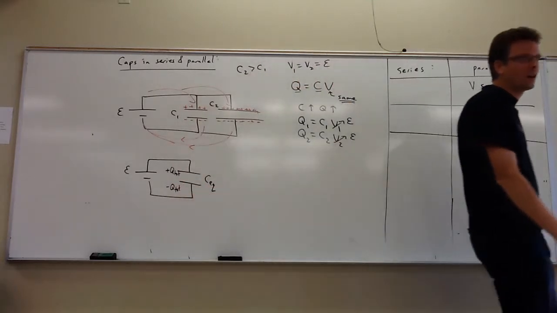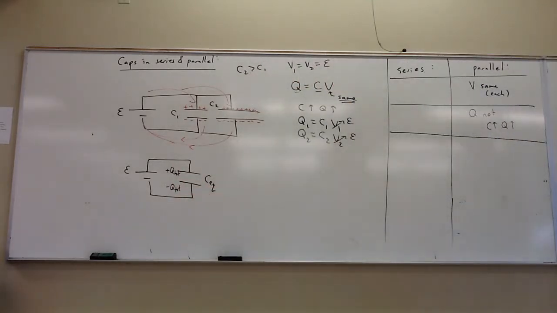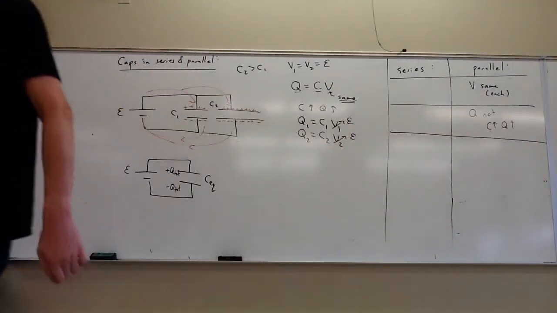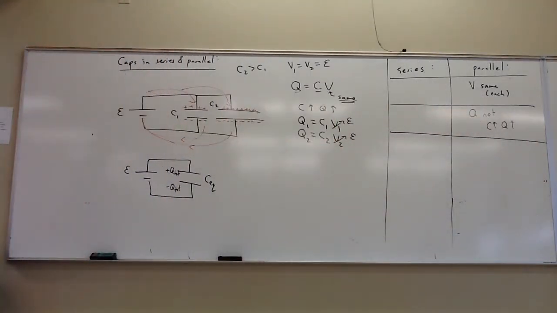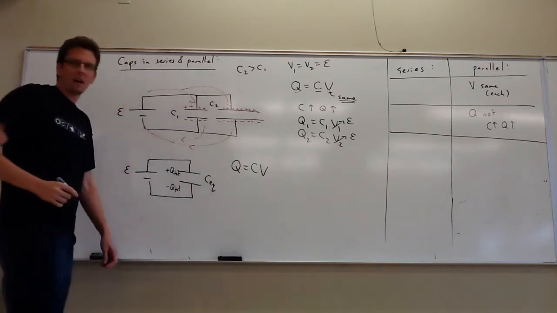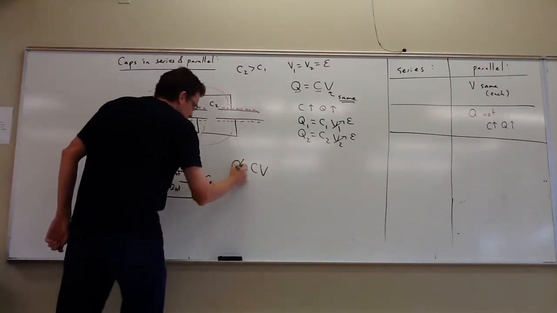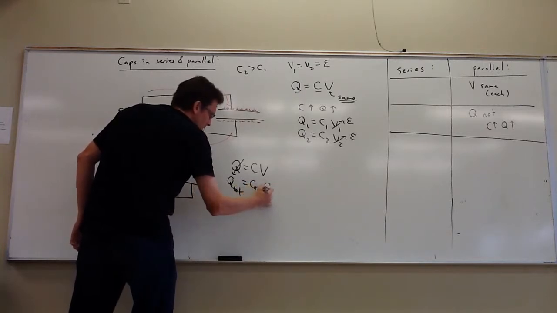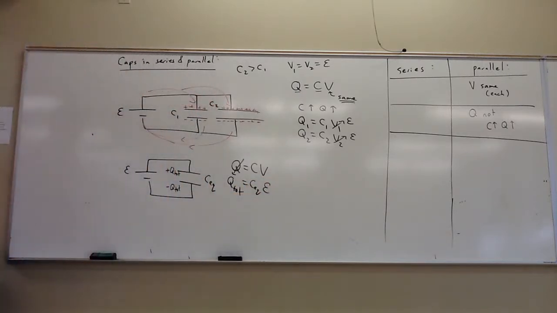So if we think of the whole bank of capacitors as one, then there's a certain total amount of charge separation, plus and minus. And we can use good old Q equals CV for the entire equivalent circuit as well. Q total equals C equivalent times the voltage drop, which is just the battery EMF.